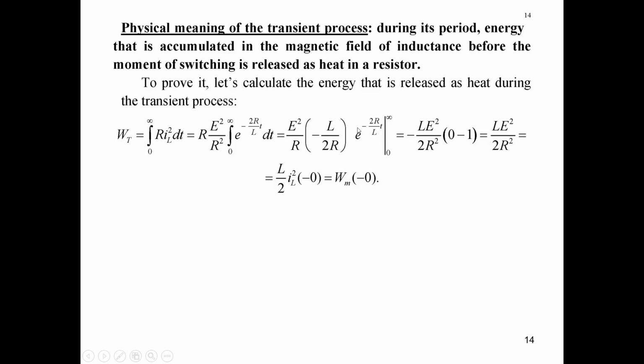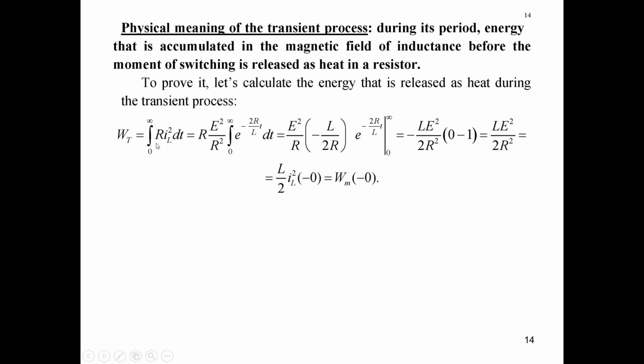Let's calculate the energy that is released as heat during these transient processes. Let's designate it W_T, the energy which is spent for heating. It's an integral from 0 to infinity of energy. It was in the previous semester.